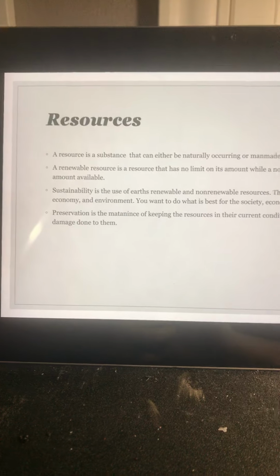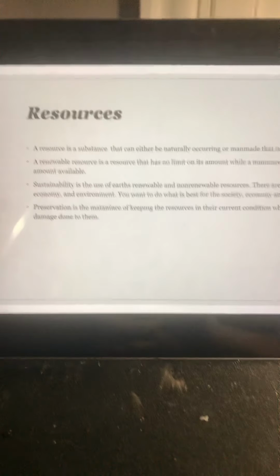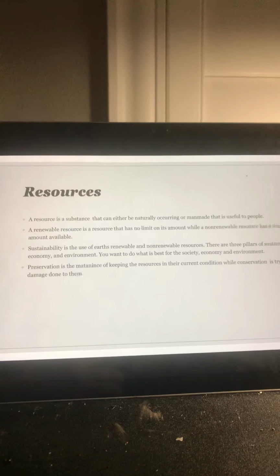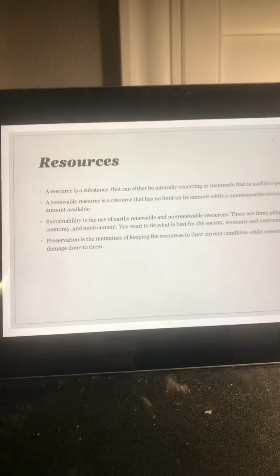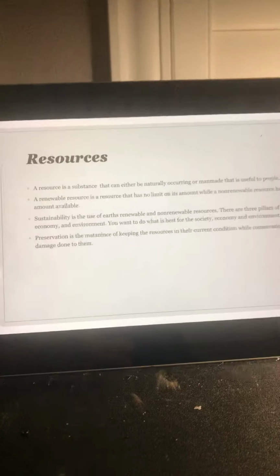Okay, so sustainability is the use of Earth's renewable and non-renewable resources, and there are 3 pillars of sustainability: the social, the economic, and the environmental.